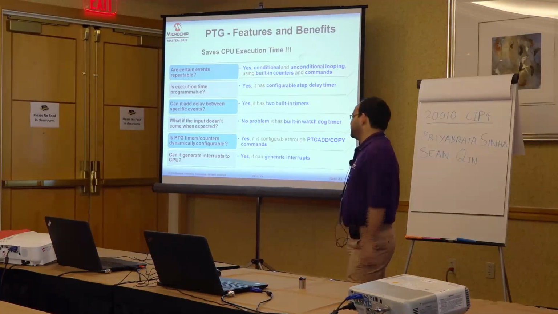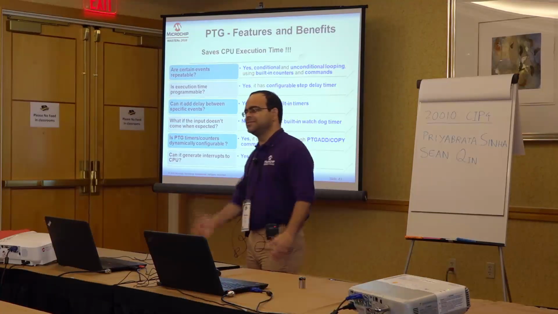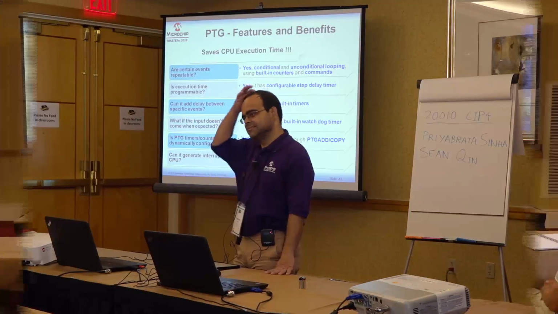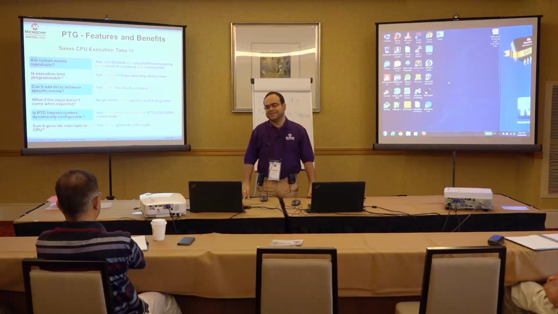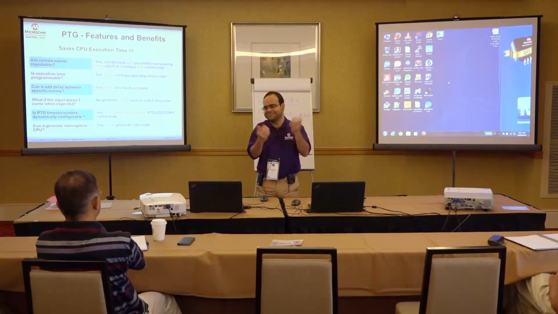The other thing is whether the timers and counters are dynamically configurable. Why is this important? Any ideas? These are the PTG timers and loop counters, and in different parts of your application or different stages you might need different delays, or you might need to implement the same loop at different times with different loop counts.